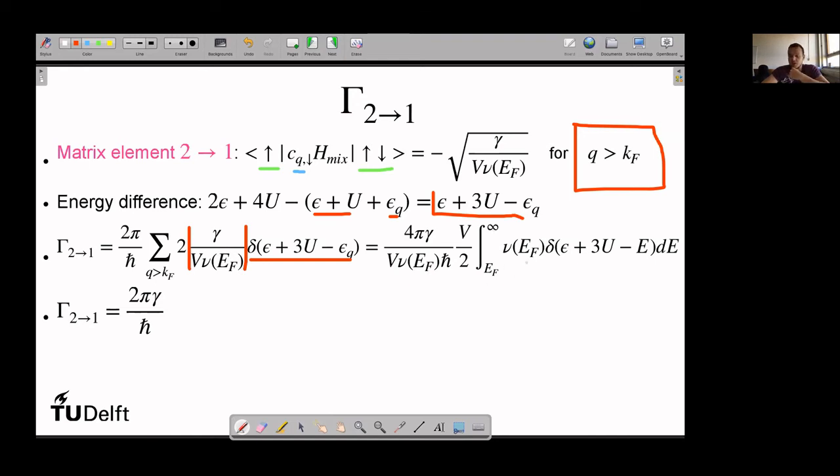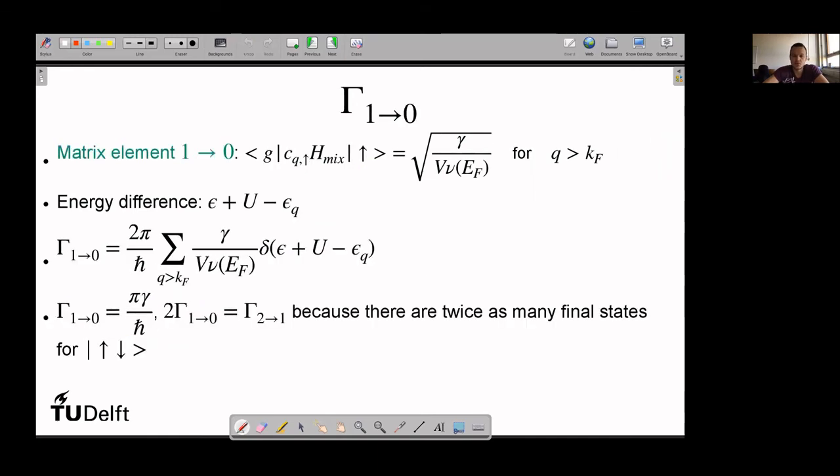With the usual change from sum to integral, we have the density of states that we have assumed also to be constant around the Fermi level. And we have the delta function here. It's a pretty straightforward integral to perform. It gives you 1. And finally, we obtain our rate here from 2 to 1.